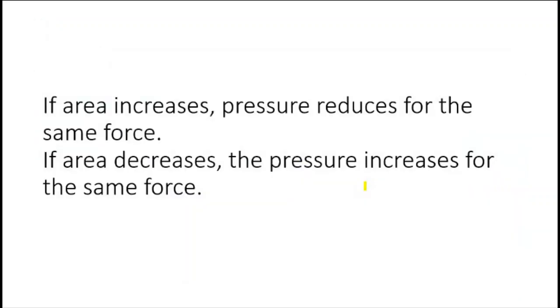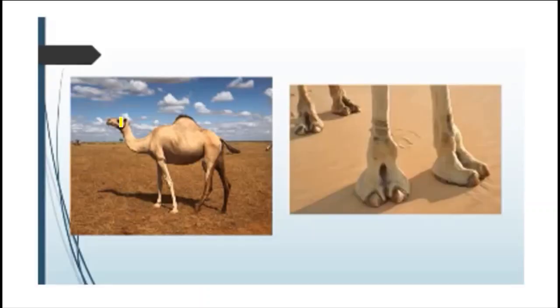Now, an important concept. If area increases, pressure reduces for the same force. And if area decreases, the pressure increases for the same force. This concept can be clarified from the example of a knife. We all have seen a camel.